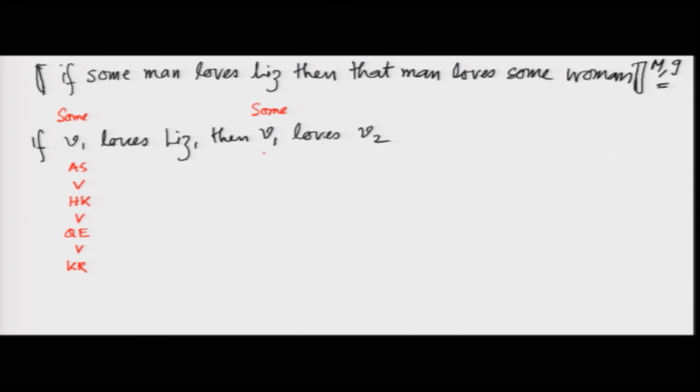Here it is just a case of copy pasting these values. KR, and so this is a case of sum and also man, and then we have sum and woman. So we have V6 throughout, and once again we have 4 values here, that is AS, once again sum or HK or QE or KR, and the relevant things now.